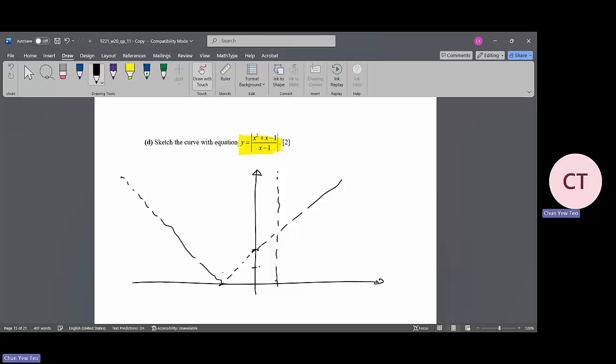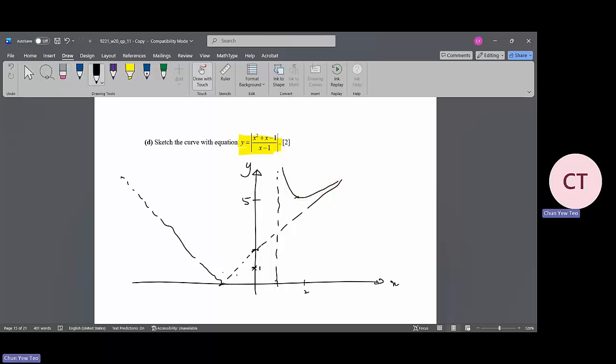So this is 1. Your graph will pass through here. This is 2. This is 5. Your graph will pass through here. The part above the x-axis is not affected. So this graph is the same. Now the one that is affected is over here.